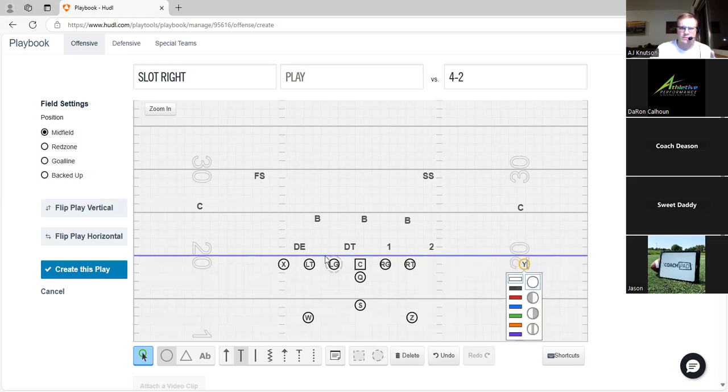You can do this, or you can do that. That's your 3 formations, unless you do anything unbalanced. That's your basic 3 formations for wishbone. And then you can run all your same plays out of all those, obviously.